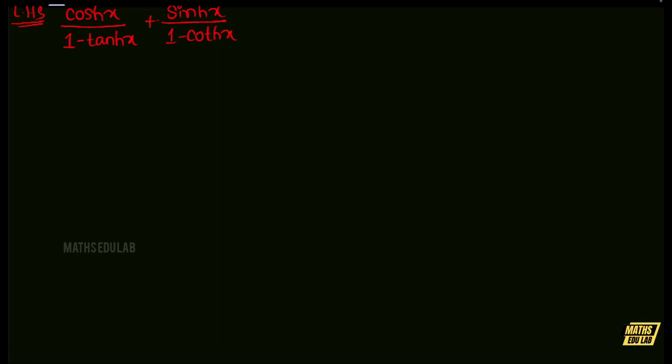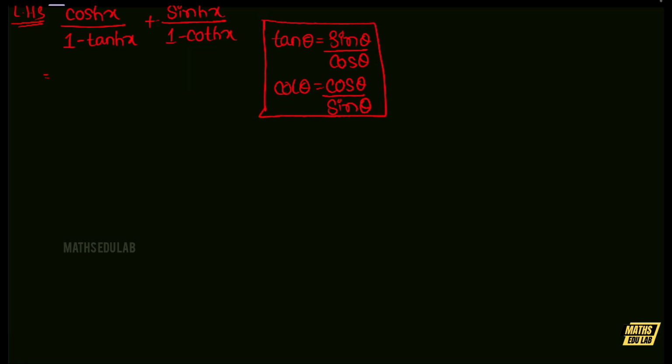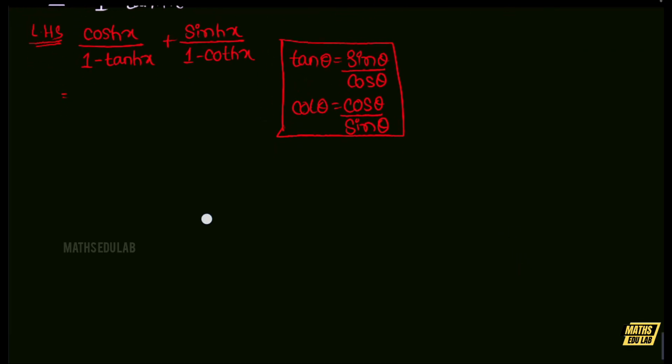As here we can remove the tan and cot values by using the formula tan theta is equal to sin theta upon cos theta. And similarly for cot theta, we can follow the formula of cos theta upon sin theta. So by using these values, I can solve it.